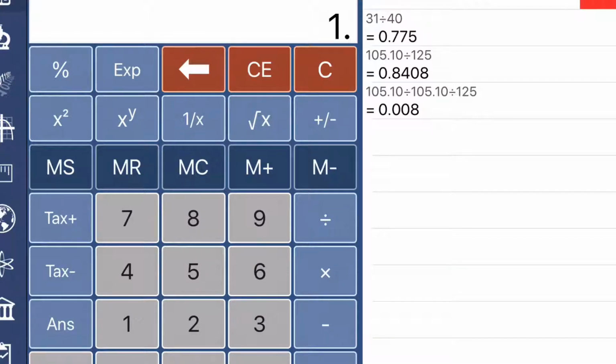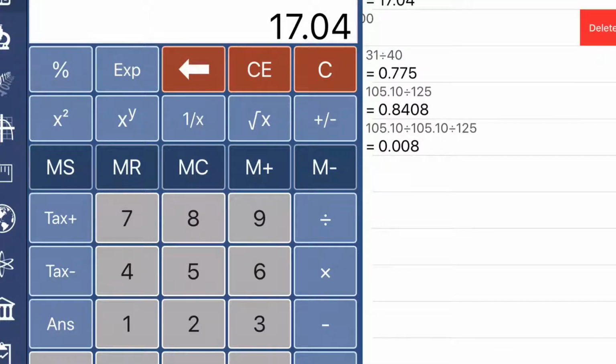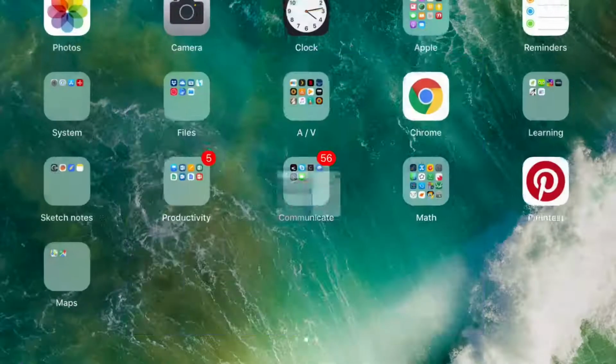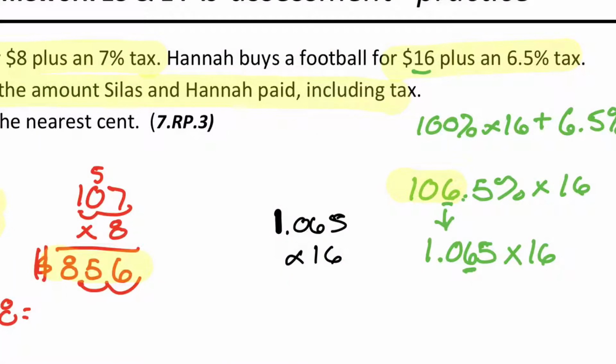One and 65 thousandths of $16 should come out to be a little more than $16. There it is, 1704. So this comes out to be $17.04.